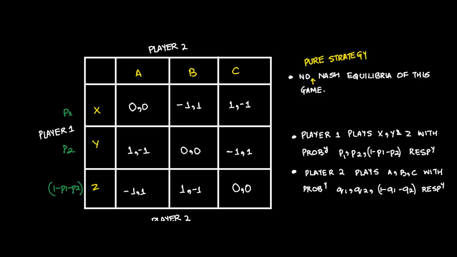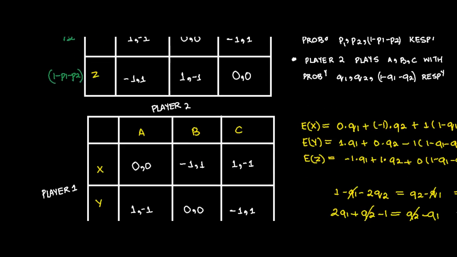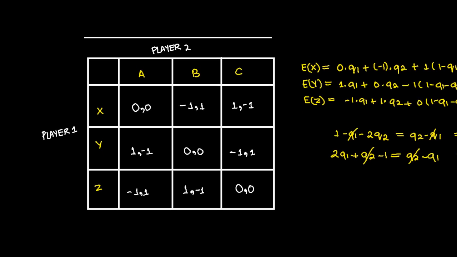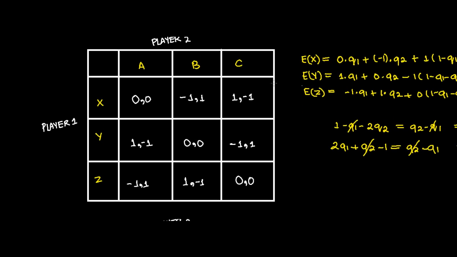And player 2 plays A with probability Q1, B with probability Q2, and C with 1 minus Q1 minus Q2. Now, you have to find the expected payoffs from playing X, Y, Z for player 1 and from playing A, B, and C for player 2.